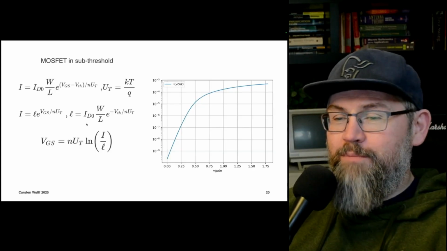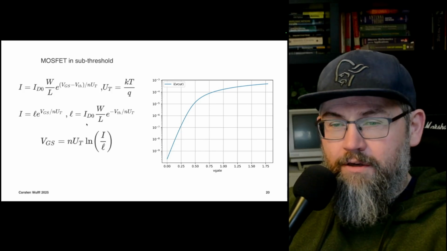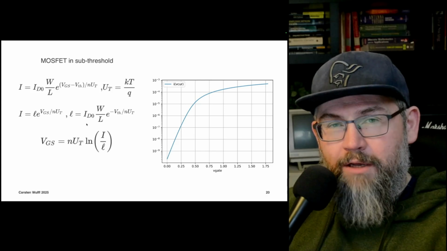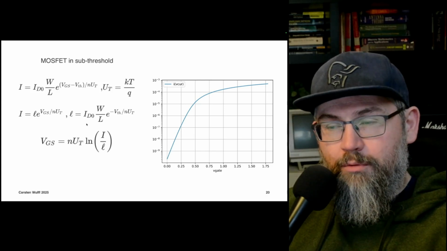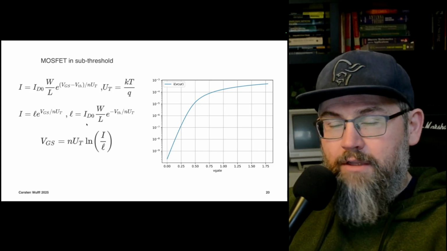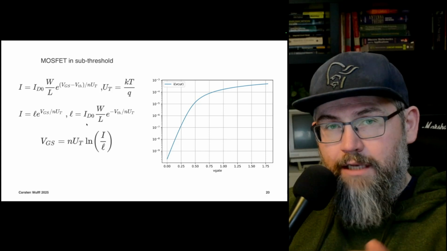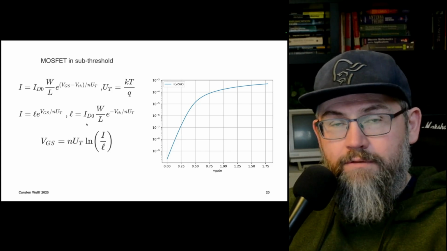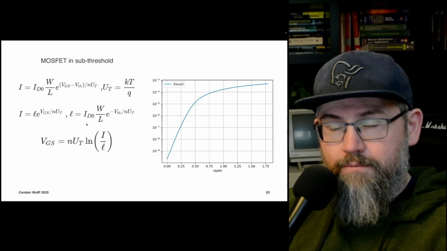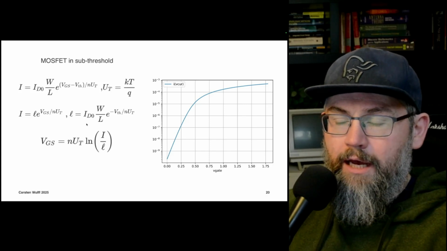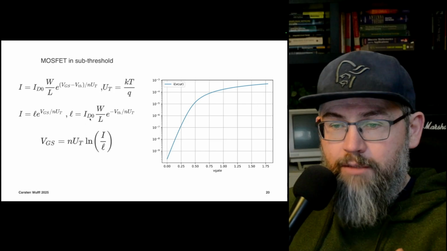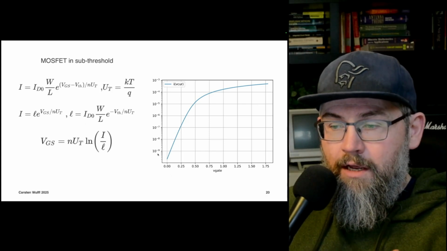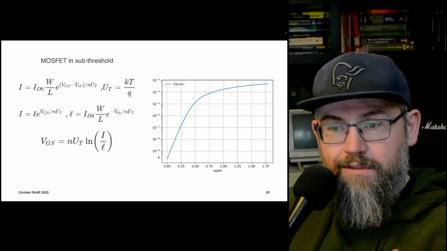So before we go into that, though, the translinear stuff, realize that when we talk about MOSFETs, they have different operating regions. At the lowest level, when we have really low gate voltage, they are operating in a mode that is very similar to bipolar transistors. So where we have an exponential relationship between the gate source voltage at the x-axis here and the current that goes through the transistor.